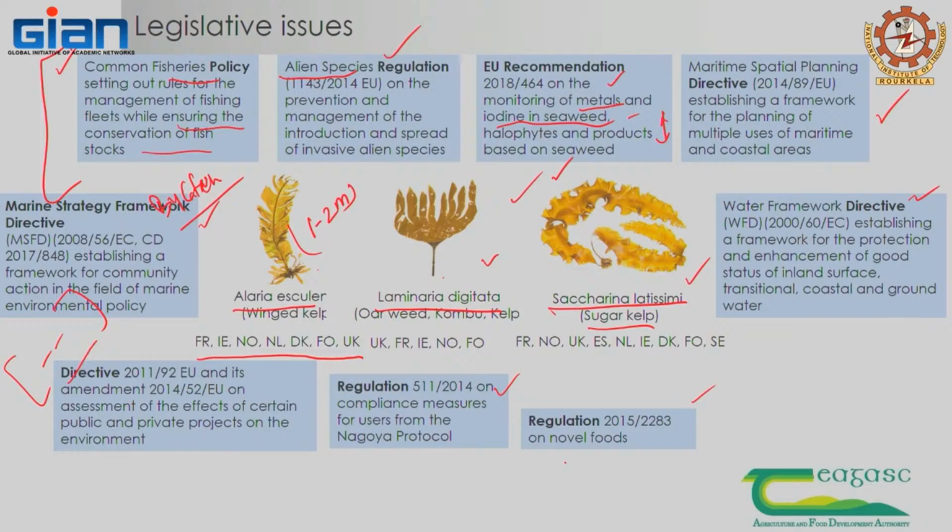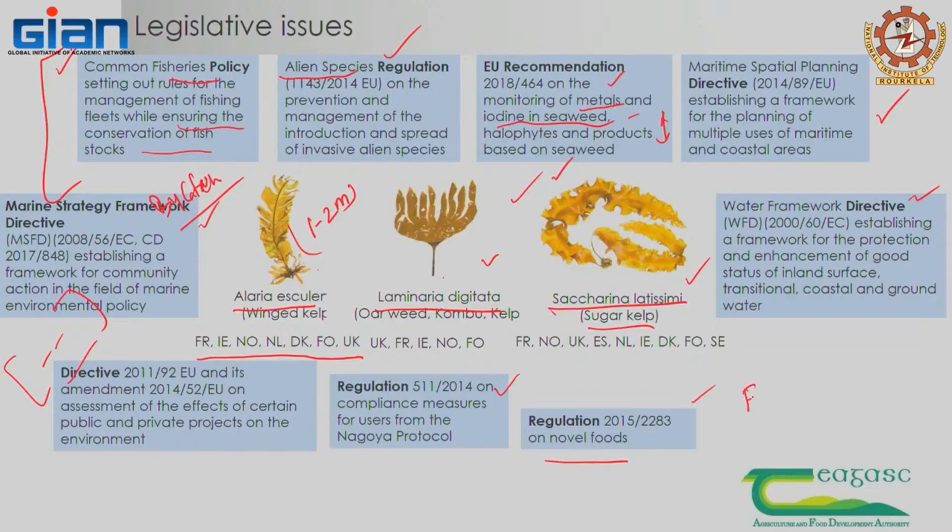But if you are extracting an alginate, or using a species which is not consumed as a common food, it will come under novel food regulation. The same regulation also governs the use of technology for production of those ingredients. This is all governed by the European Commission, with EFSA, the European Food Safety Authority, as the advisory body.